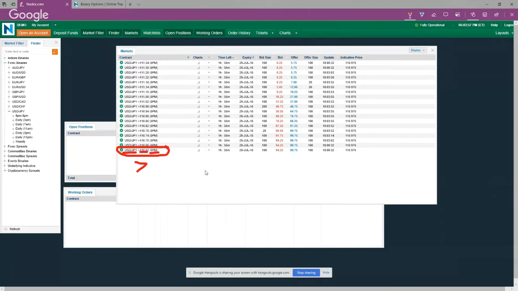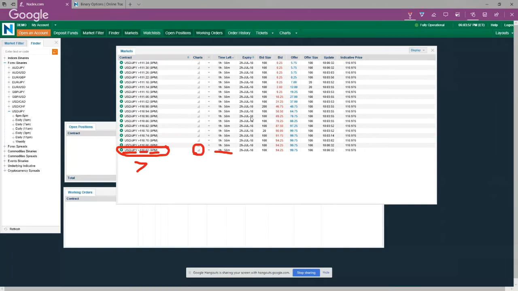Now, immediately to the right of that is a chart icon. You can click on that to bring the chart up. You also have a column that identifies how much time you have remaining in the binary option. That's very important when you're trading binaries because it has to move in your direction within that time period.